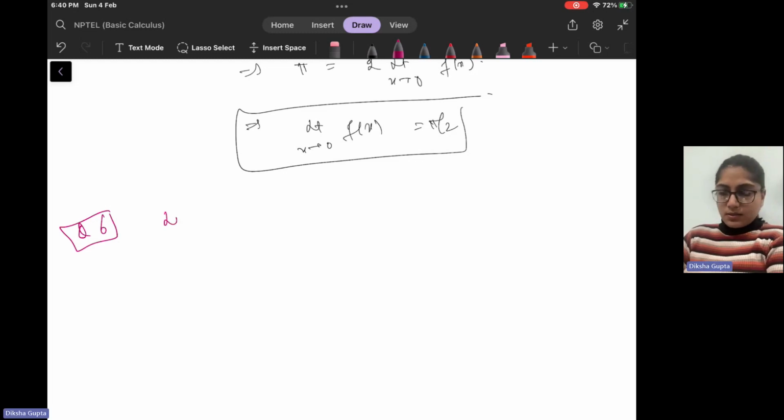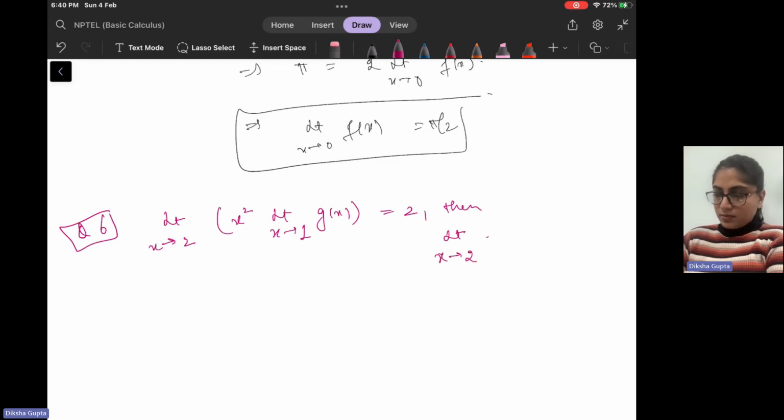So question number 6: limit x tending to 2 of x square, limit x tending to 1 of g(x) is 2, then limit x tending to 2 of g(x minus 1) is what?